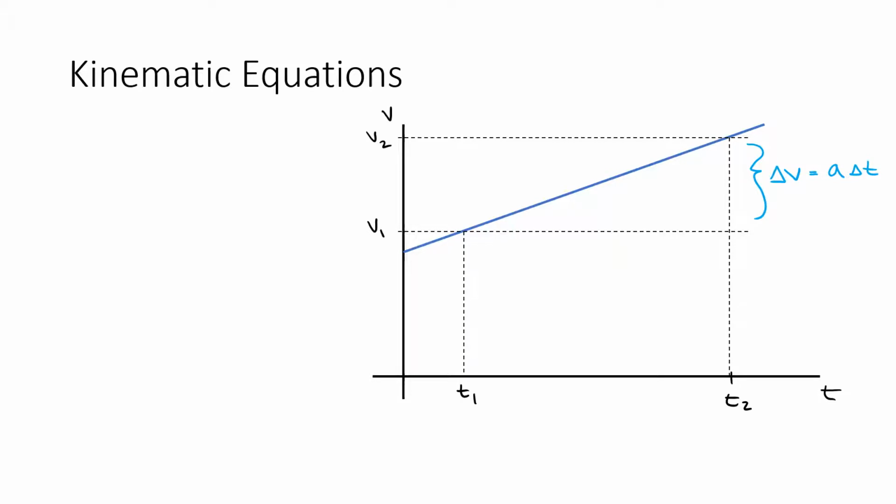Now, for something a little bit more complex like this, I will end up with a kinematic equation that looks like this. So the whole goal of this is to say, something starts at a certain speed, and then it's going to accelerate.